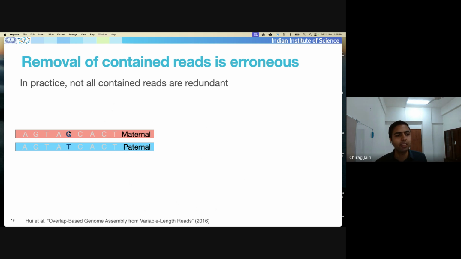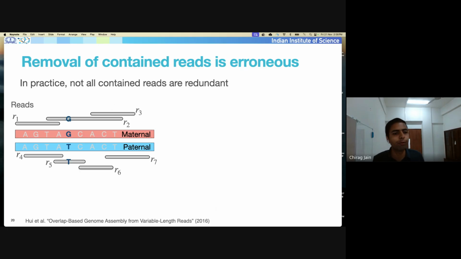And these two copies, let's say, differ at this character: the maternal copy is G and the paternal copy is T. Now when I sample reads from my unknown genome sequence, let us say I get a few reads as output from the sequencing machine, and the sequencing machine will not tell me which read came from maternal or which read came from paternal. That information is not available when the sequencing process happens.